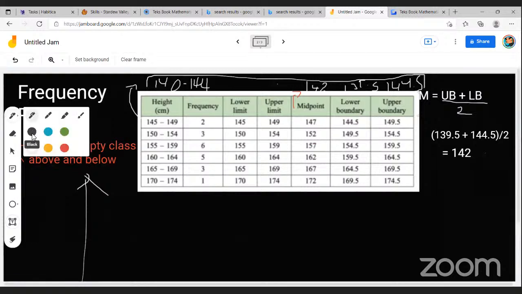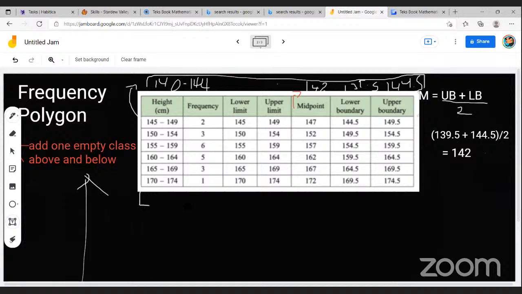So the next part is you add another empty class below. Basically you can see that every class has a size of 5. From 160 to 164, 165 to 169, 170 to 174. So what would the next one be? 175 to 180.